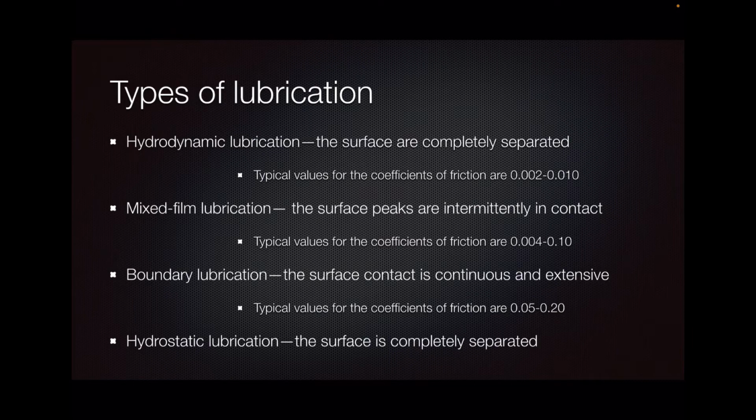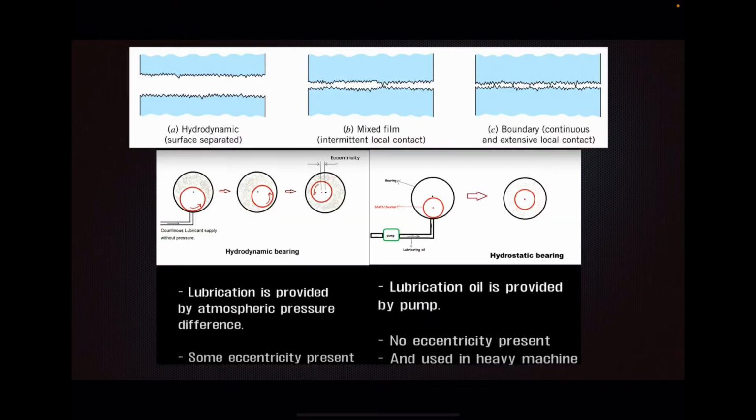In this case, the surface is completely separated with a high pressure fluid, such as air, water, or oil. The figures A, B, C on the top refer to hydrodynamic, mixed film and boundary lubrication, and the two figures on the bottom show the difference between hydrodynamic lubrication and hydrostatic lubrication.